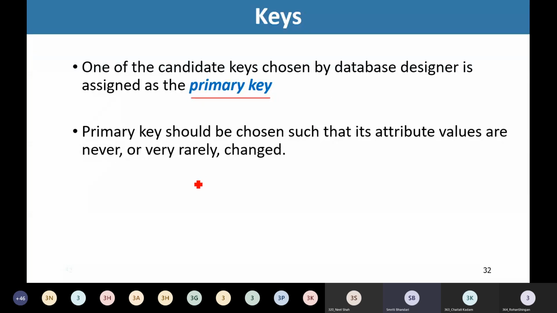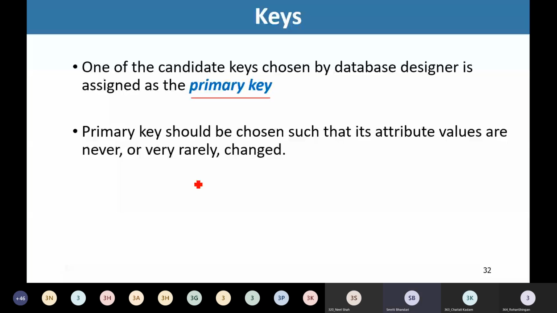As I mentioned, we may have more than one candidate key, and one of them can be selected by the database designer and designated as the primary key.